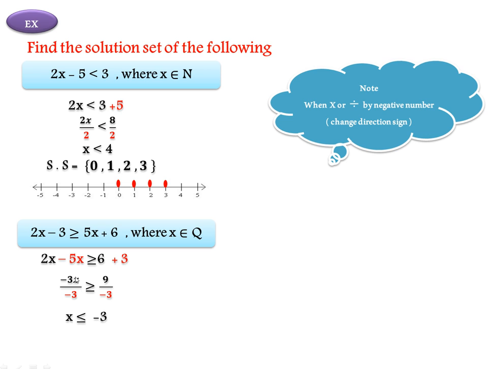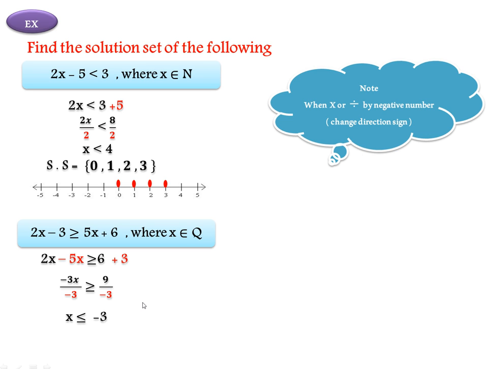Negative 3 cancels with negative 3, and 9 divided by negative 3 is negative 3. Here we change the direction of the sign from more than to less than, keeping the equal.